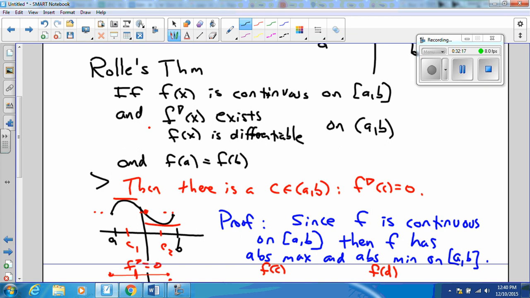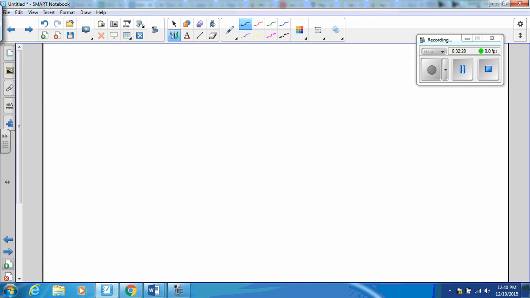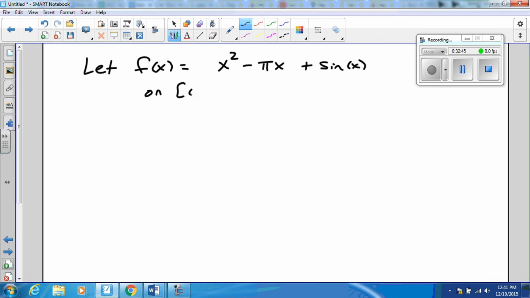Let's take a slightly more complicated function and see what I mean. Okay, so here's a function.